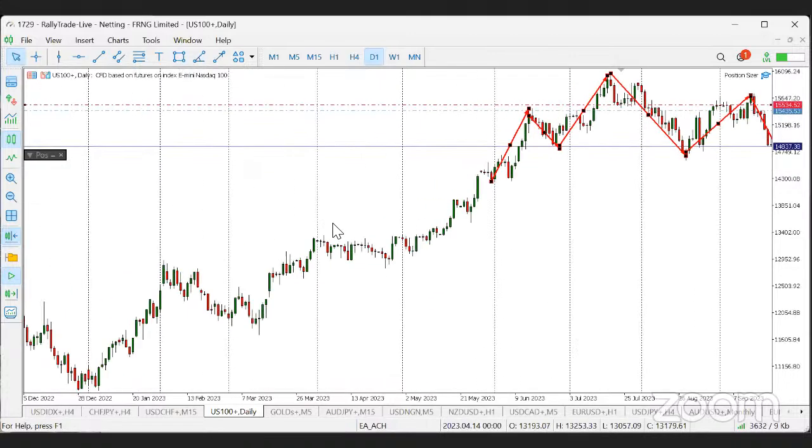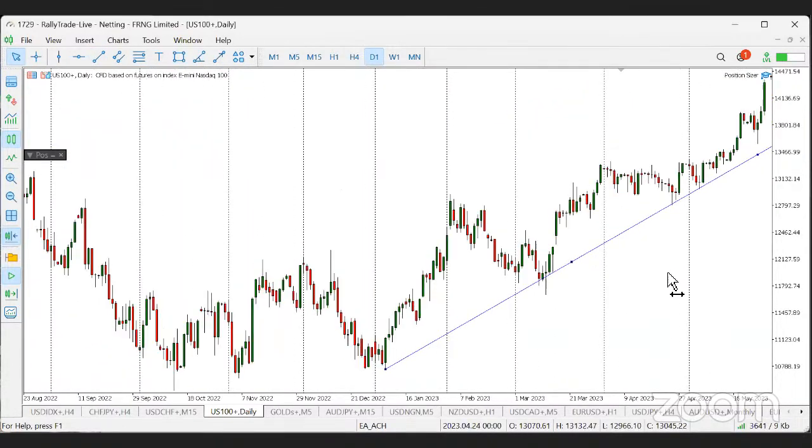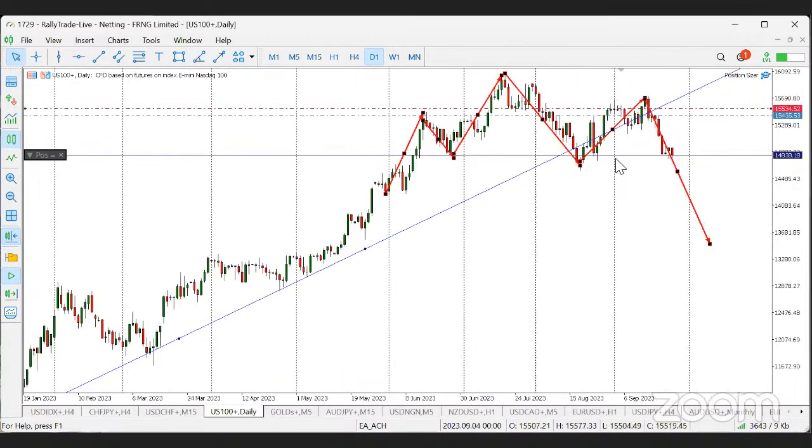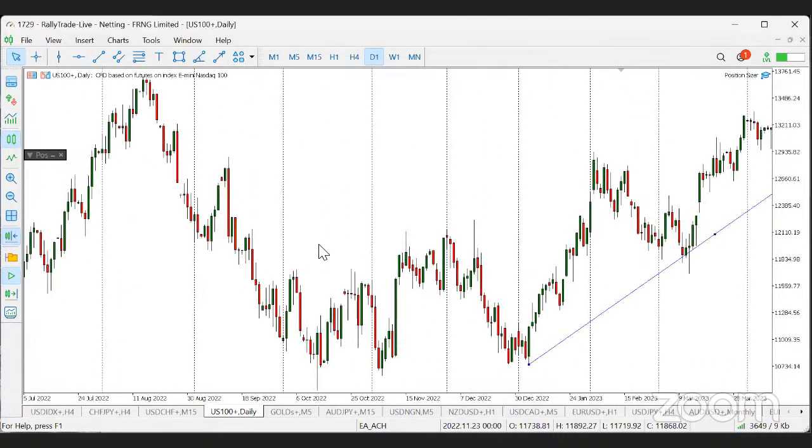Now, what trend are we referring to? I am referring to this trend, this movement to the upside. Whenever you see this pattern, there's a high tendency of a reversal taking place. Also, look at this week. You can see this movement to the downside. I am referring to this region.